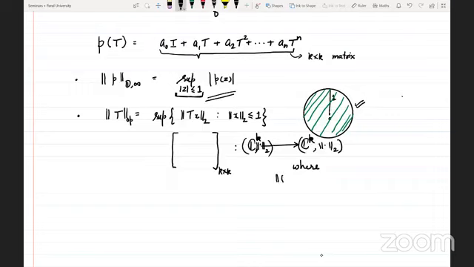So how is it defined? If you are taking a vector from C^k, this norm is basically, as you know, this quantity. Okay. So now this norm is defined.